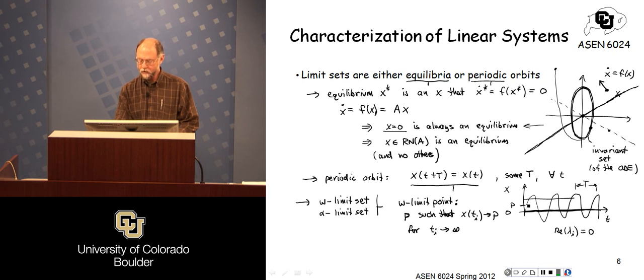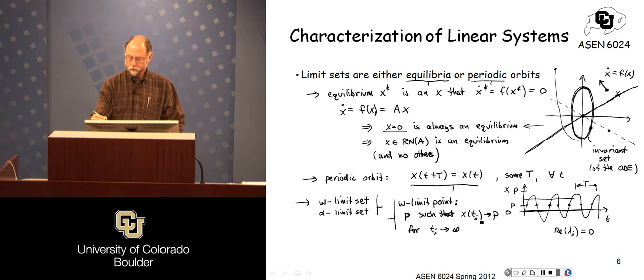Here's a point where x equals P, here's another point where x equals P, and I can identify an infinite number of points where x equals P. So it certainly satisfies this definition for an omega limit point. However, a P up here does not. There are no points that satisfy x converges to P there.